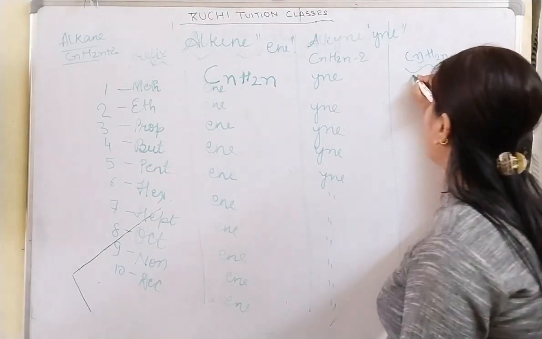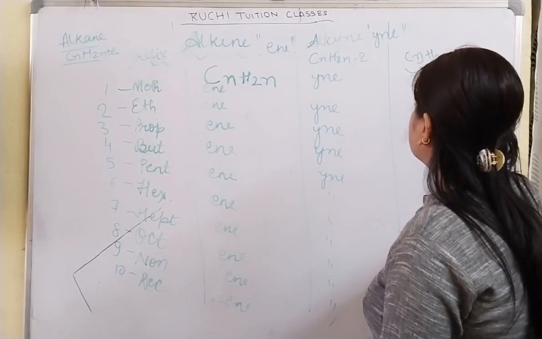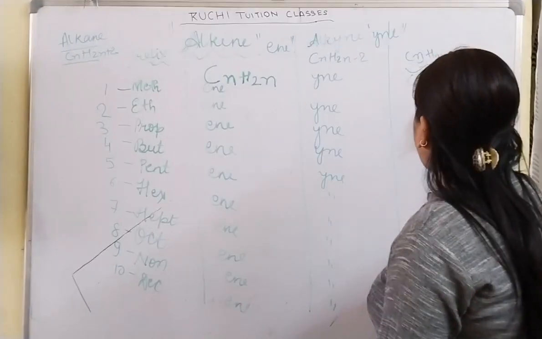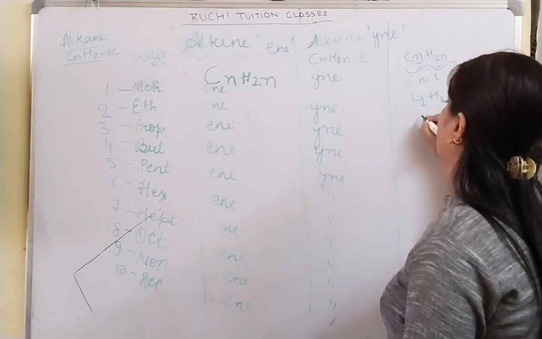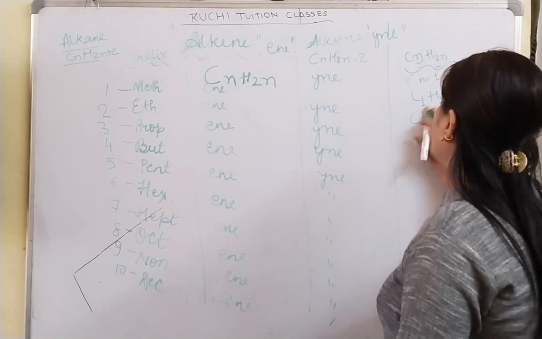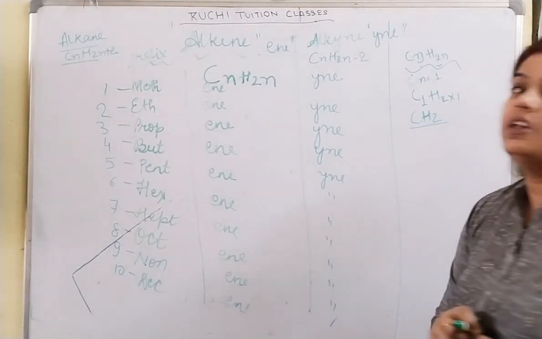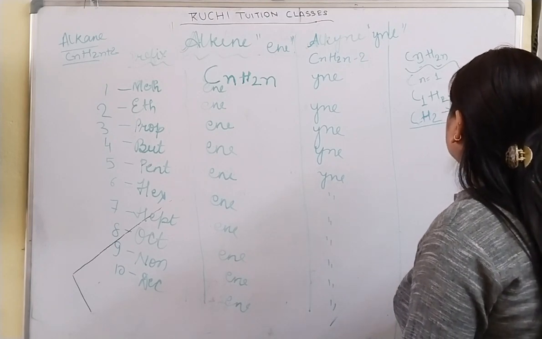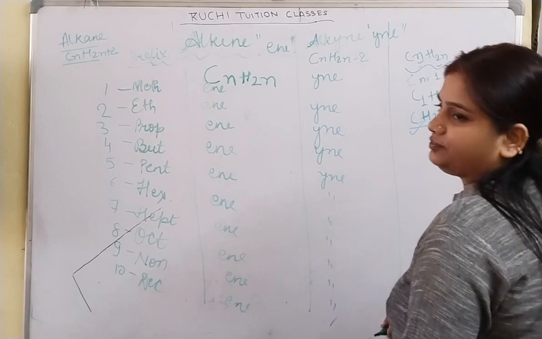So if n is 1, that is meth, we get C1H2 into 1, that means CH2. So this will be meth-ene.